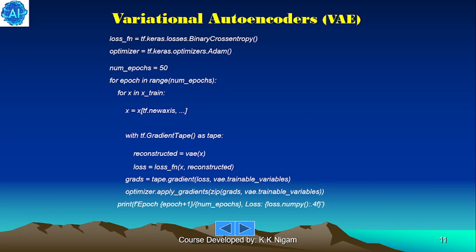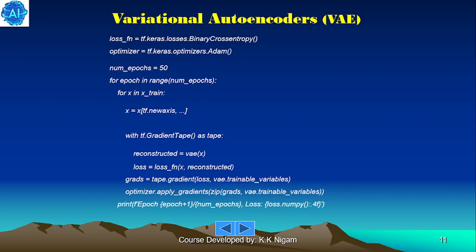The loss function is tf.keras.losses.BinaryCrossentropy, then the optimizer is tf.keras.optimizers.Adam, num_epochs, that is the number of epochs or iterations, is equal to 50, for epoch in range. This is the conditional, putting it into a loop.